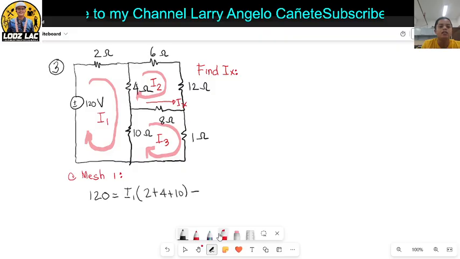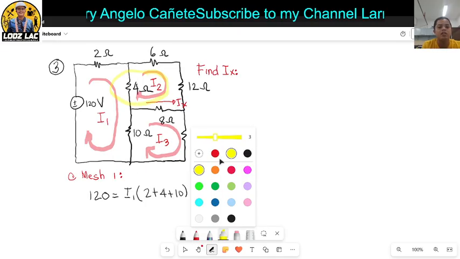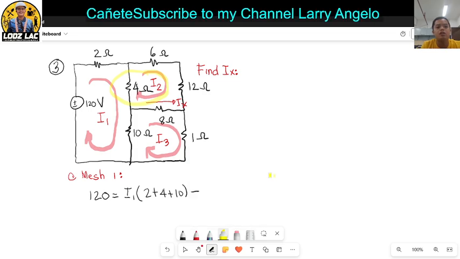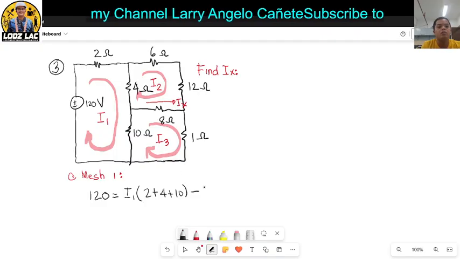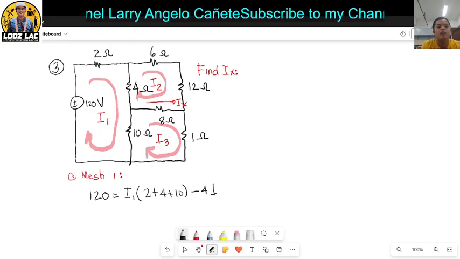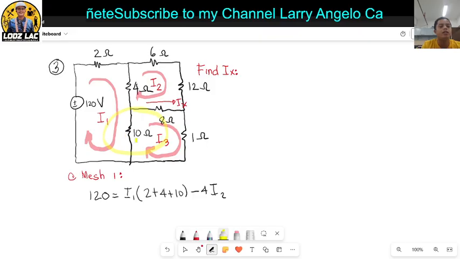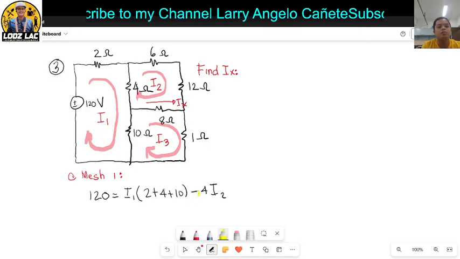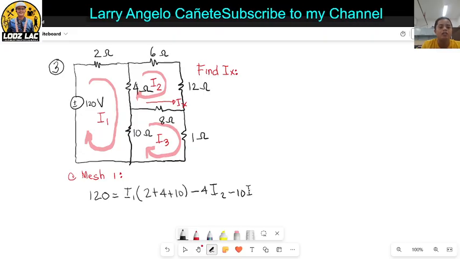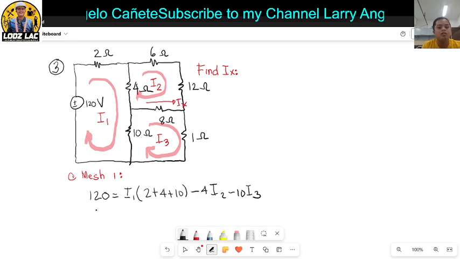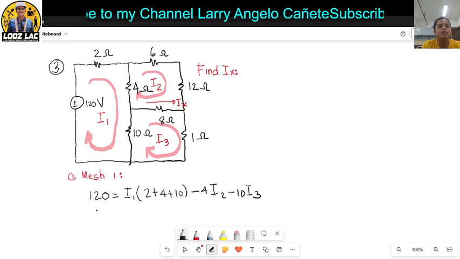Minus, because the 4 ohm resistor is opposing, shared with the other side of the mesh, we put minus 4 I2. And the other resistor, the 10 ohms, is also shared with the other side of the mesh, so you subtract again: minus 10 I3. Then simplify: 2 plus 4 plus 10 is 16.